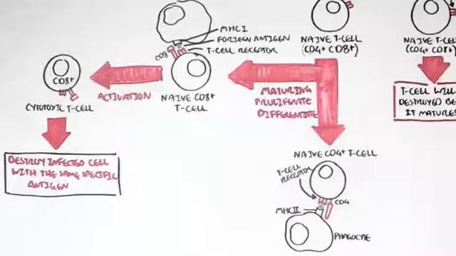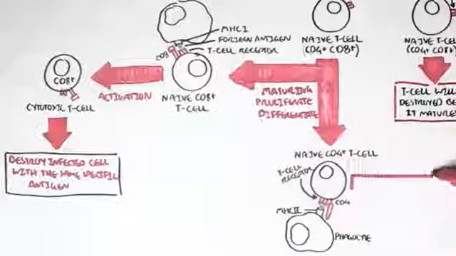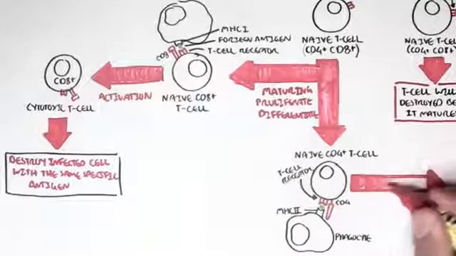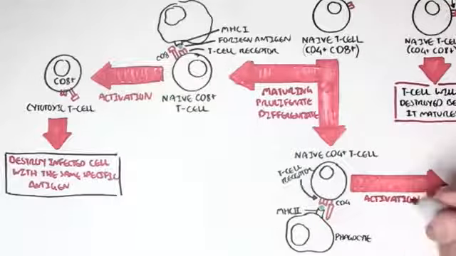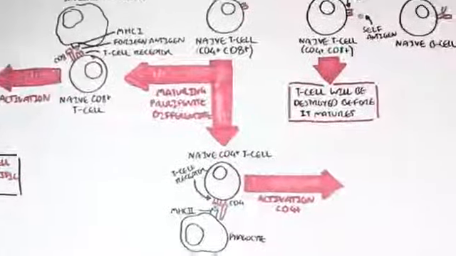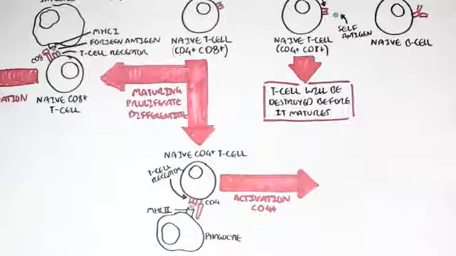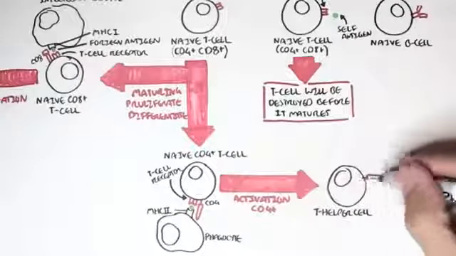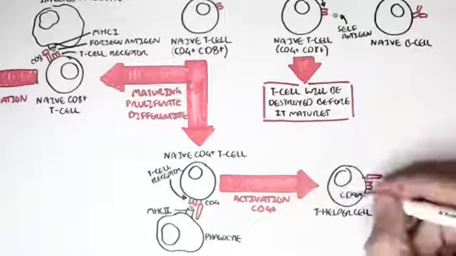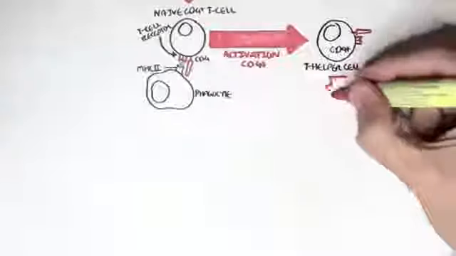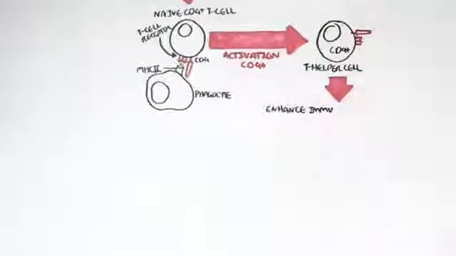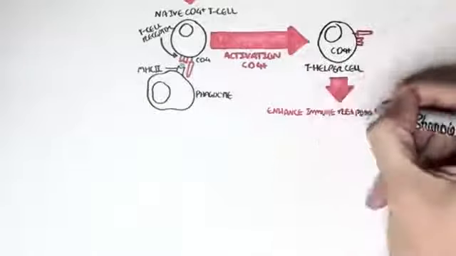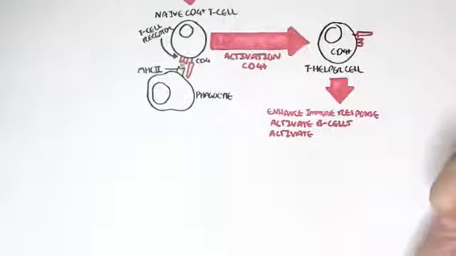This naive CD4 T cell only recognizes a specific foreign antigen, and when it does, it will become activated through this MHC class 2 to become a T helper cell. A T helper cell's main goal is to enhance the immune response by activating B cells as well as natural killer cells and macrophages or other phagocytes.